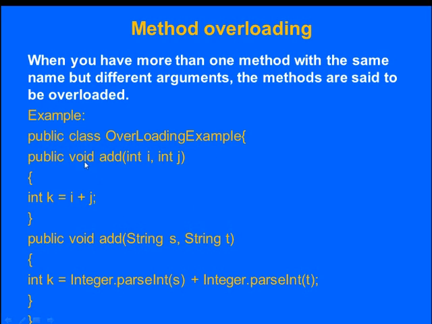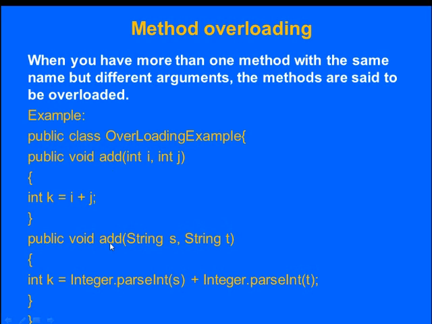For example, we have a class, and the name of the class we have taken is OverloadingExample. Here we see that we have two methods, public void add and public void add. This is one method, this one is the second method, and both the methods have the same name, add.